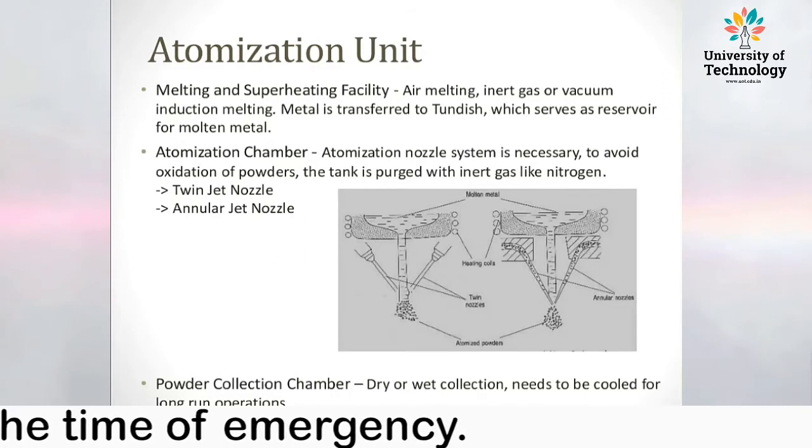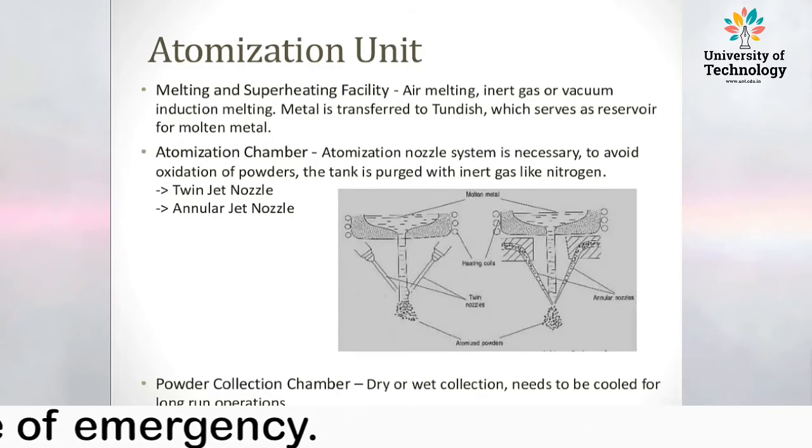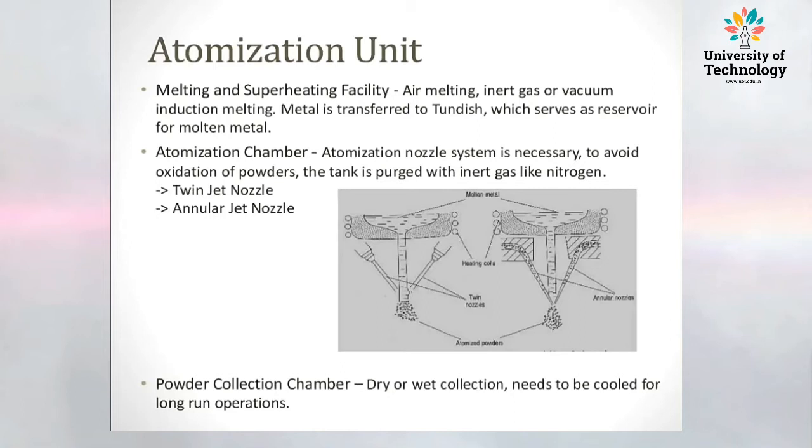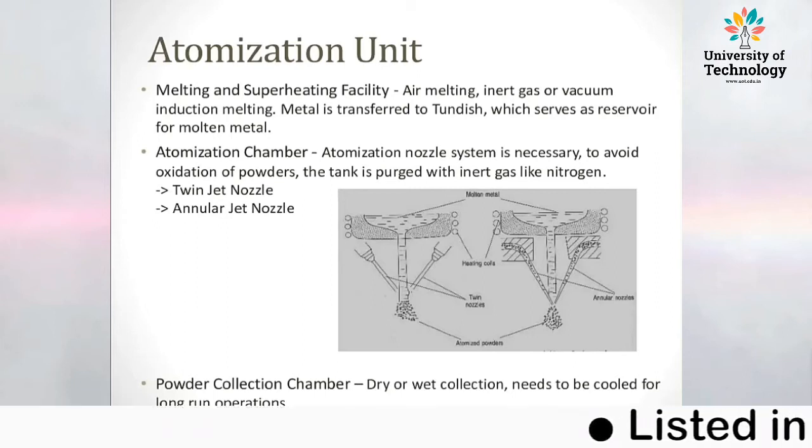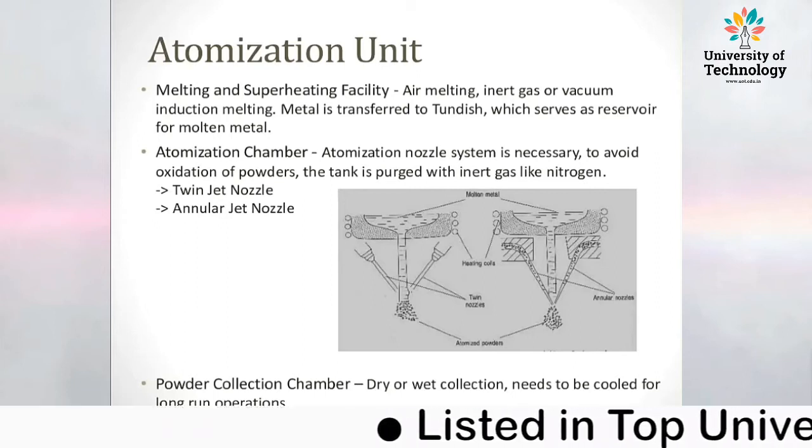Atomization unit, melting and superheating facility. Air melting, inert gas or vacuum induction melting. Metal is transferred to the tundish, which serves as a reservoir for molten metal. Atomization chamber. The atomization nozzle system is necessary to avoid oxidation of powders.